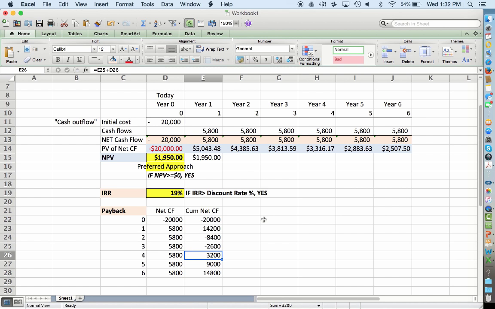Because the cash flow is consistent, I can actually take the 20,000 and divide it by the 5,800, because it's an even stream, and it basically tells me that I need 3.5 months, 3.5 months to break even, or to recoup my investment.